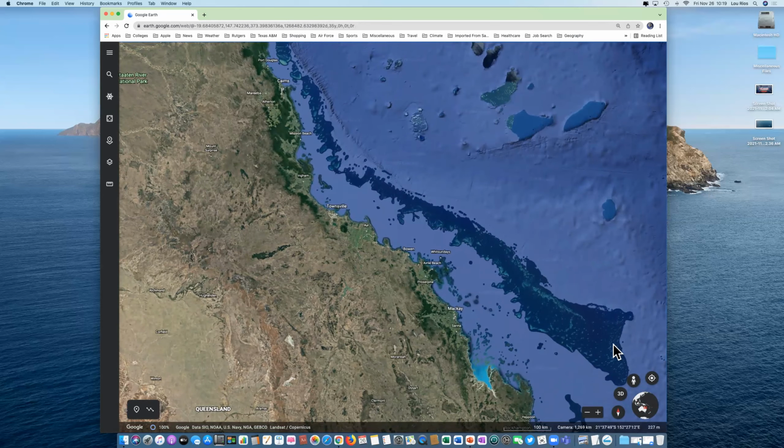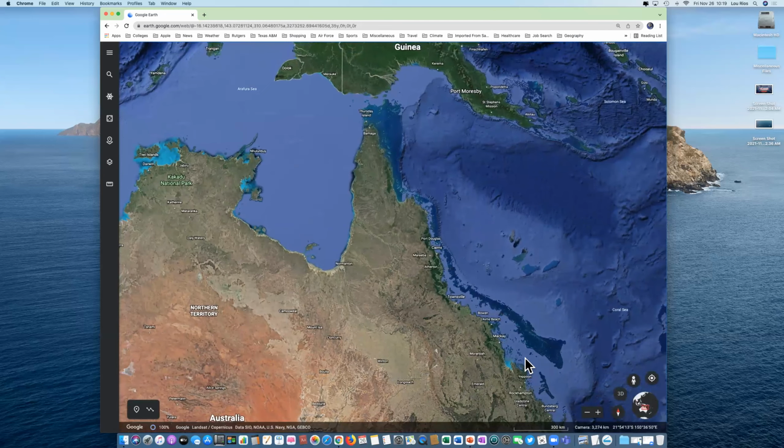It is the largest single collection of living organisms on Earth, and it is visible from space. It has been subject to significant die-offs in 2016, 17, and 2020, and it has made a bit of a comeback in 2021, so we'll see how that holds into the future.